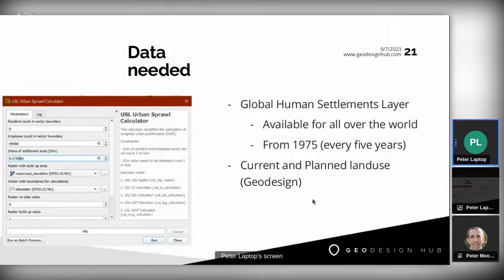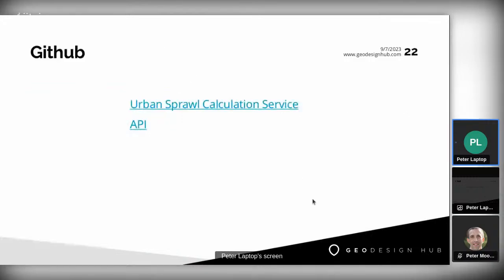At that time, it was a QGIS plugin which takes these data and then produces an indicator. And essentially, what you have now is not only the past, but an indicator for the future to understand where you're going with this. And of course, as with any good industrialization process, now there is a web service. So if you look at the urban sprawl calculation service, this is all open data.